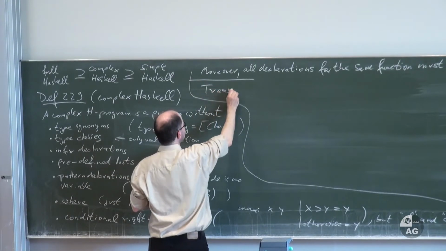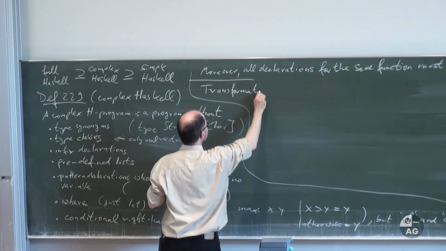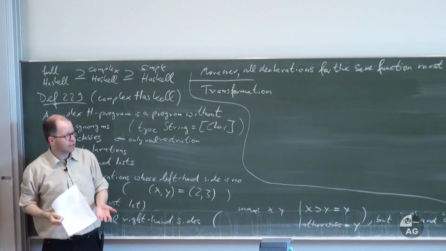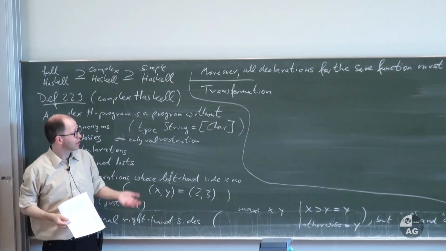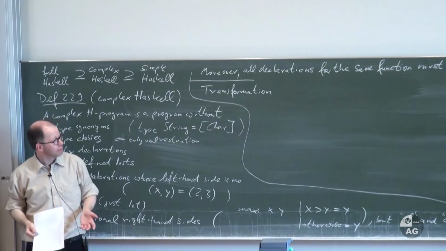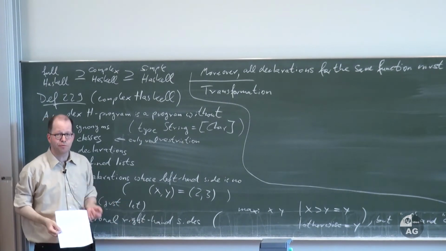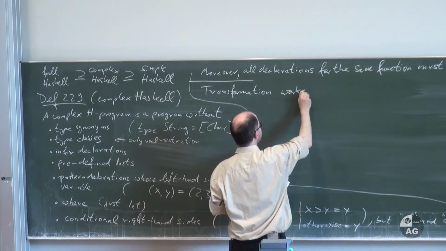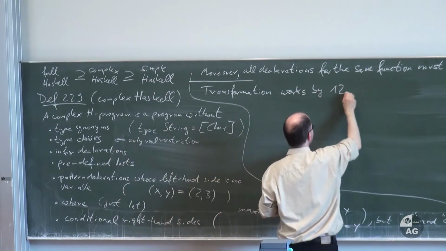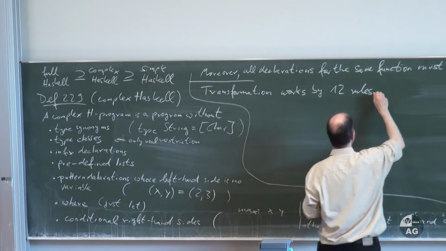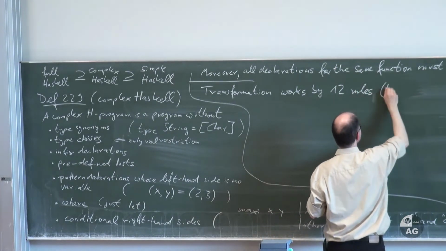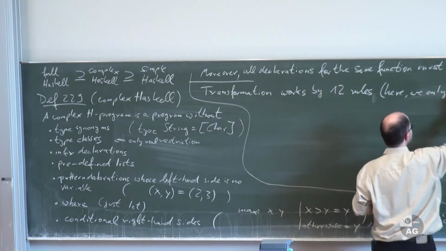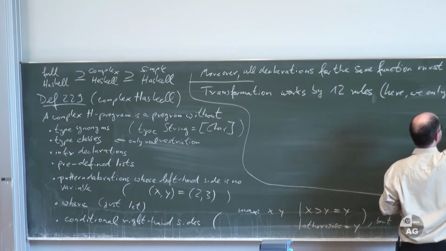So the transformation will be done by a set of transformation rules, and the whole transformation contains 12 transformation rules, and I will present 9 of them to you here, and I will omit the remaining 3. So the transformation works by 12 rules, and here we only present the rules 1 to 9.